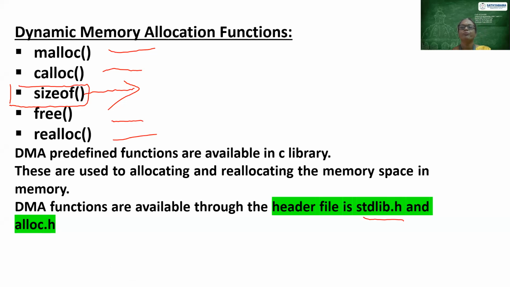We all know the header file is very important in C. To access these keywords, I have to include my header files or else it's not possible. Have you all noted down? Now we will see them one by one in detail. Is that clear?